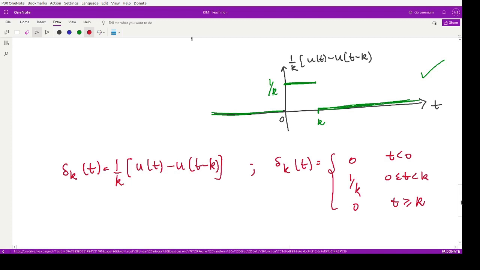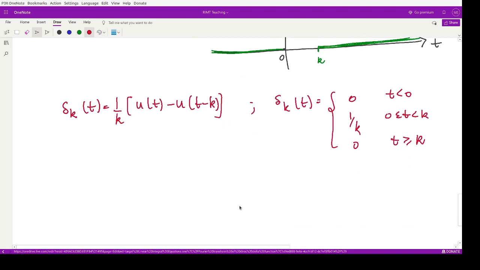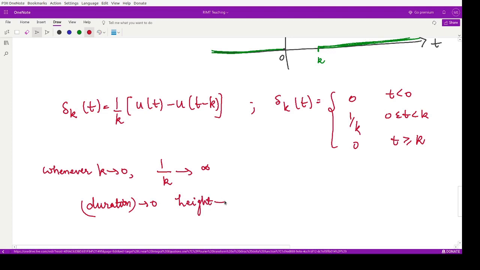Now what if I make k go to 0? Whenever k goes to 0, the height 1 by k will tend to infinity. So the duration of this interval goes to 0 and the height of this interval tends to infinity.